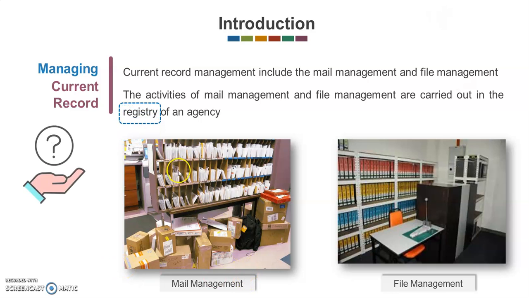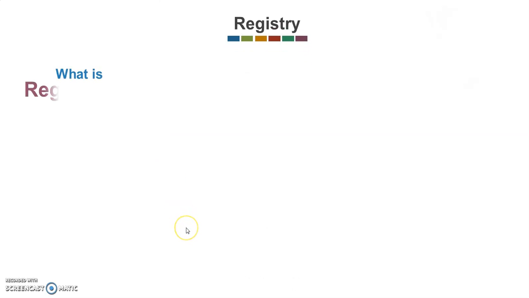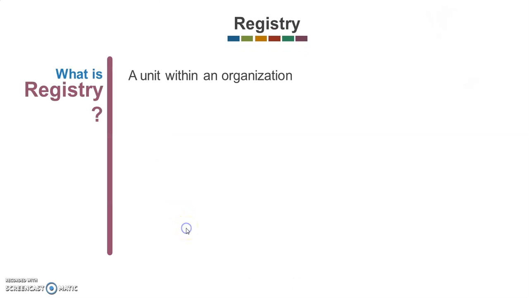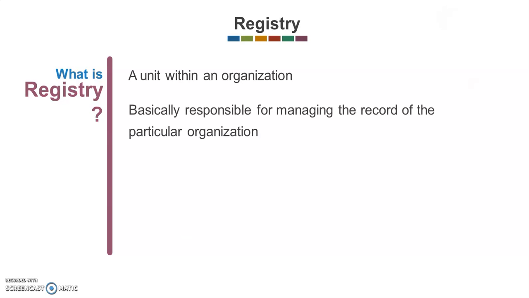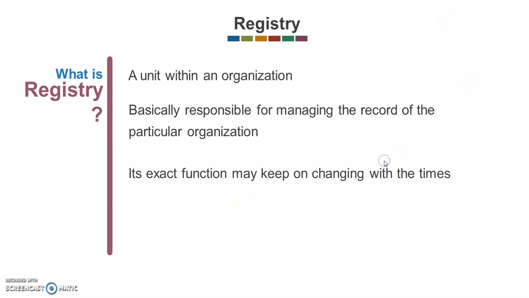So when we talk about registry, it means a unit within an organization whose basic responsibility is to manage the records of the organization, and its exact function may keep changing with the times. Why? Because it depends on the needs of the company.